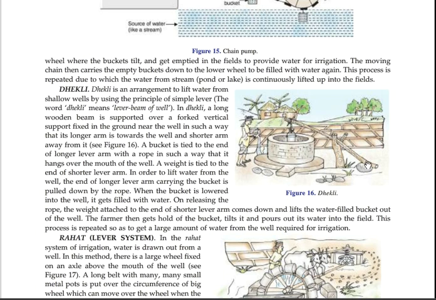When we release the lever from one end, the container goes down into the well and it is filled up with water. On releasing the rope, the weight attached to the end of the shorter lever arm comes down and lifts the water-filled bucket out of the well.